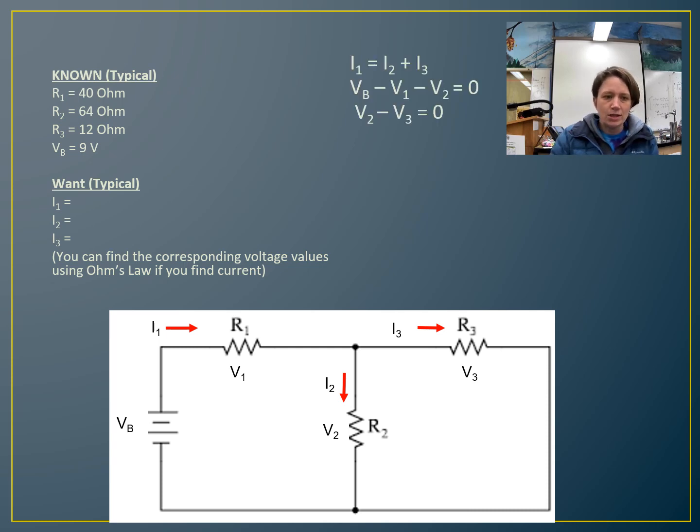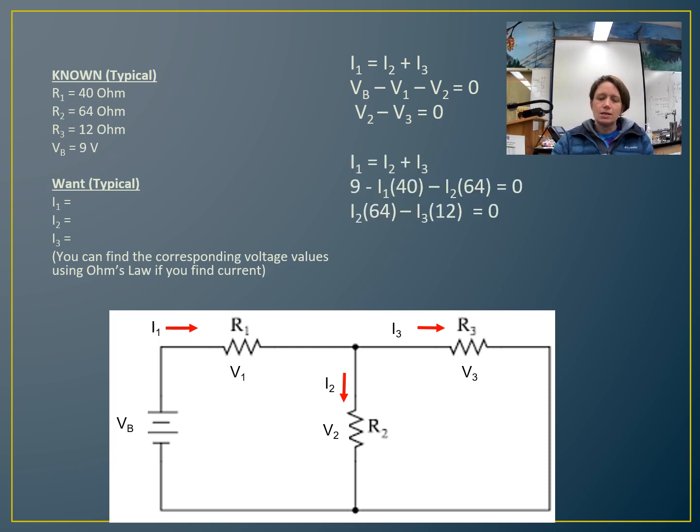So I've got my equations. I have 3 unknowns that I need. I want to know I1, I2, and I3, so I'm going to need 3 equations. The way I chose those equations is I made sure that I could get I1, I2, and I3 out of them.